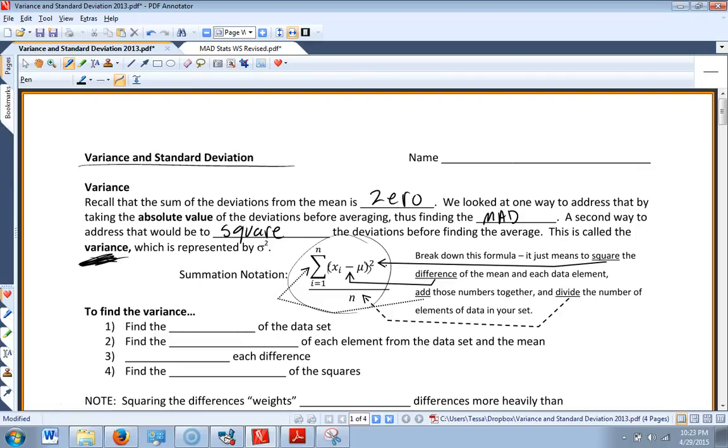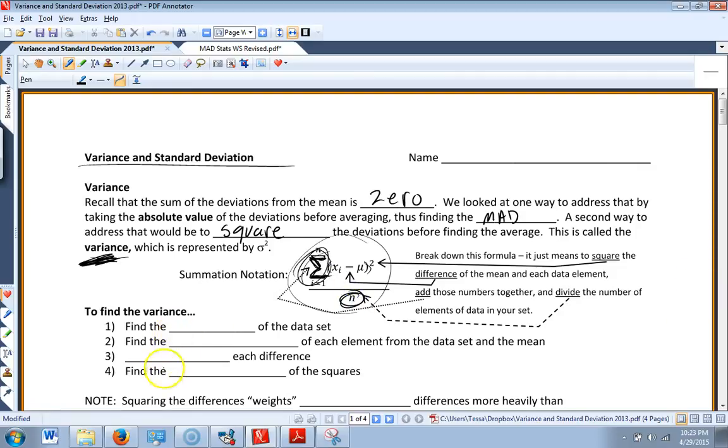So look at this breakdown. It means to square the difference of each element and the mean. You subtract the mean from the data element, and then you add those up. That's what this sigma sign means: add those up and then divide by the number of elements in your data set.